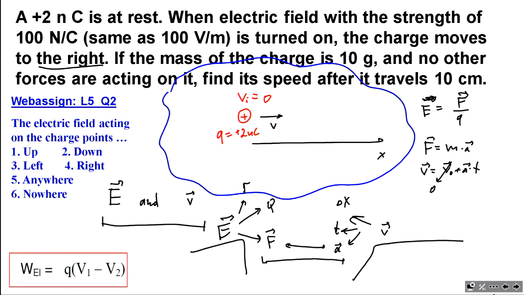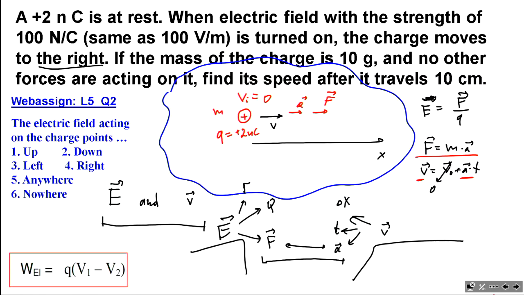So if we look at the very last expression, it tells us immediately that if velocity points to the right, acceleration also points to the right. Now if we go to the next equation, if acceleration points to the right, that means force points to the right.